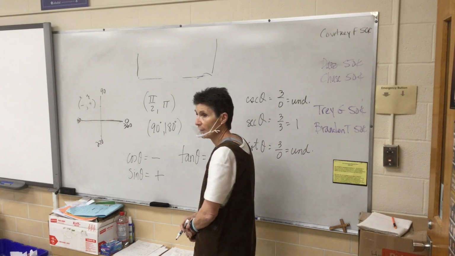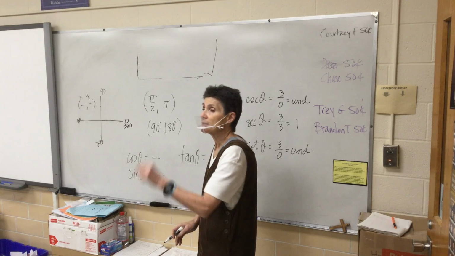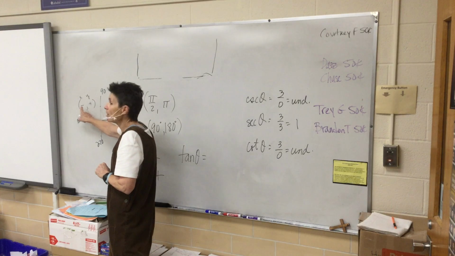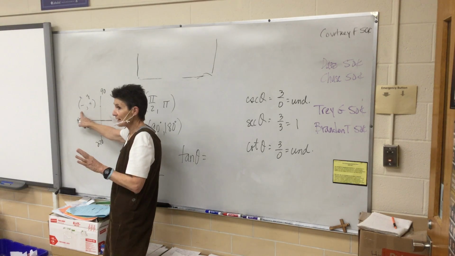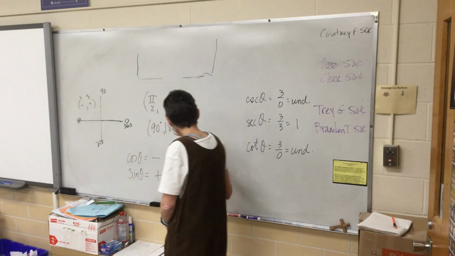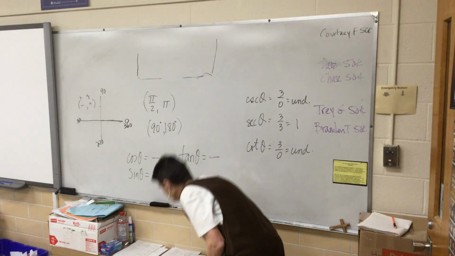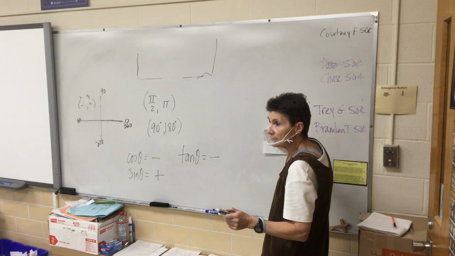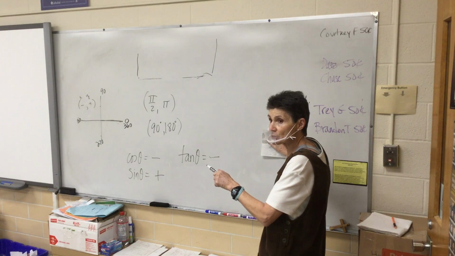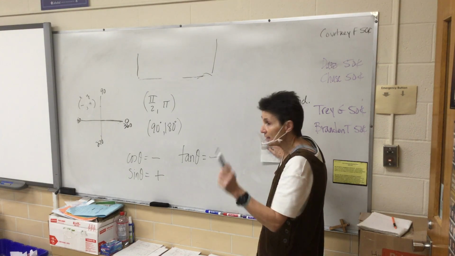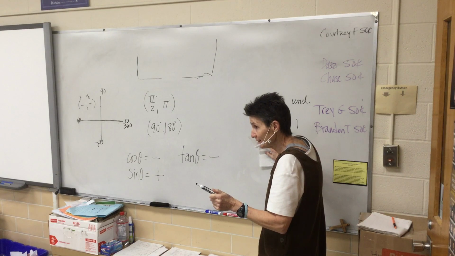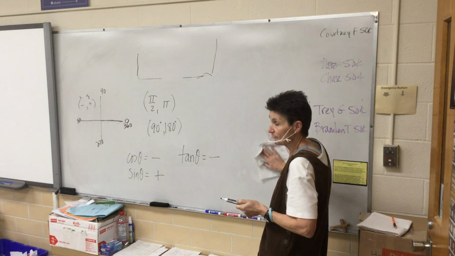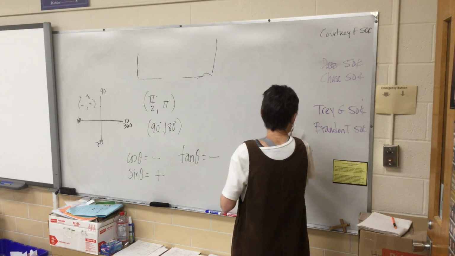Tangent is the trickier one. Tangent is y over x. Negative. So if you put y over x, won't you get a negative number? So tangent will be negative. The sign of sine depends on y, the sign of cosine depends on x, and the sign of tangent depends on both.